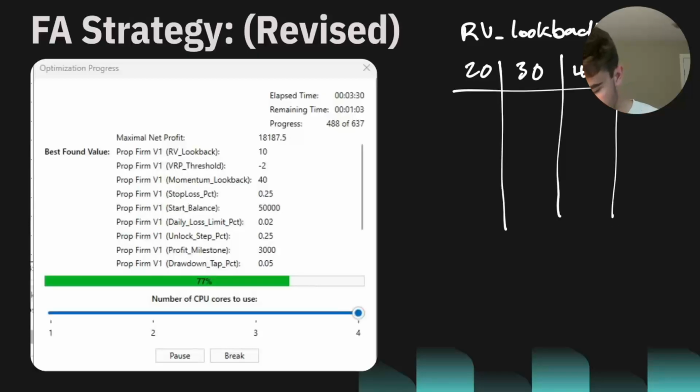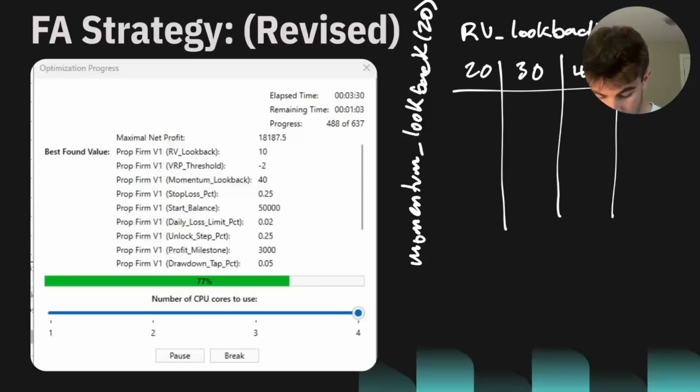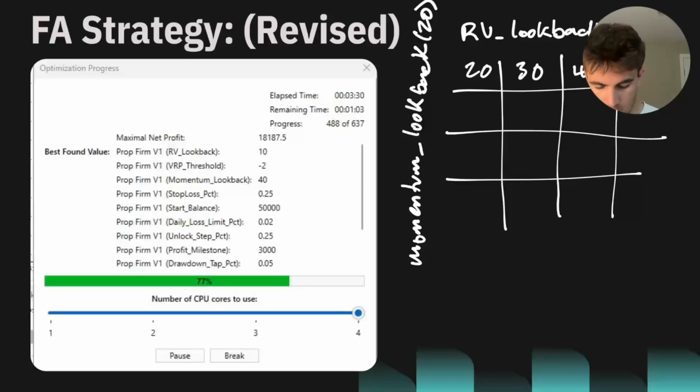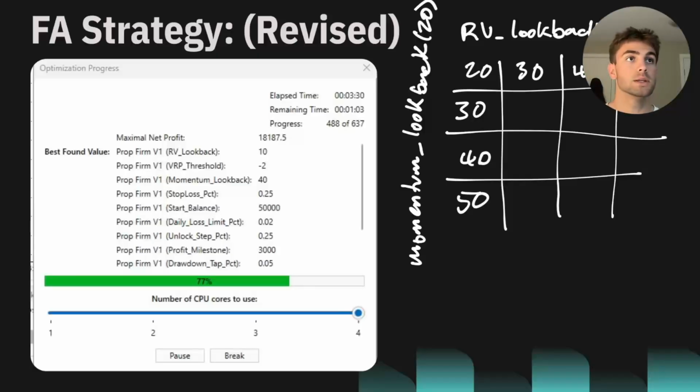The other variable we varied was momentum lookback, which before was also, I think, at 20, but now we have different levels that we're testing: 20, 30, 40, 50.